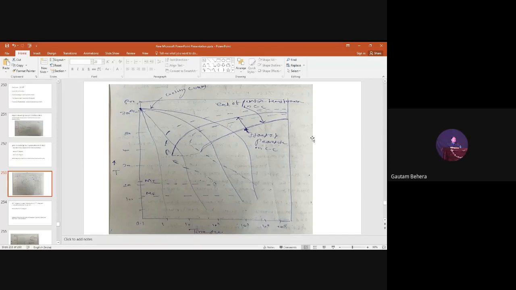Anything else? A very slow cooling rate. Slow cooling rate, okay. Just look at the position again, please. You will get it. Transformation temperature, okay, fine. Anything else? Time also. Time is also varying.